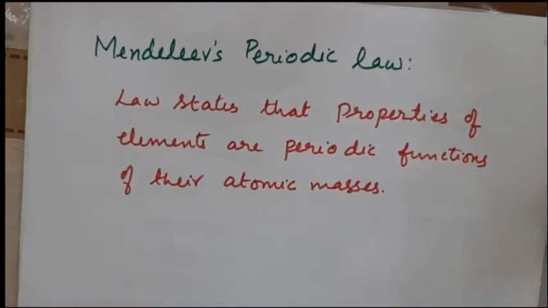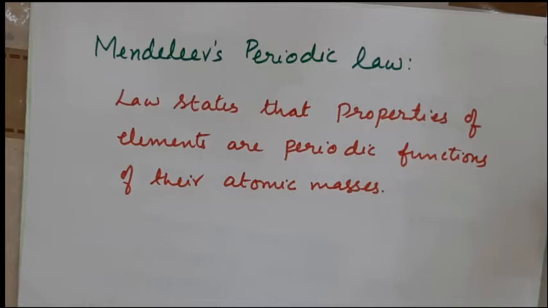Mendeleev's periodic law. Based on his studies, what he observed was that the chemical and the physical properties of elements depended on the atomic mass of the elements. So according to his law, that is Mendeleev's periodic law, the physical and chemical properties of elements are periodic functions of their atomic masses.